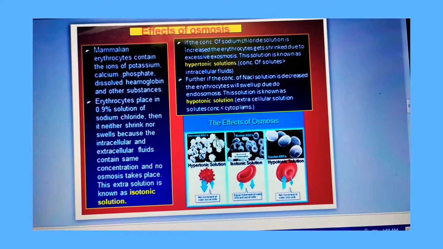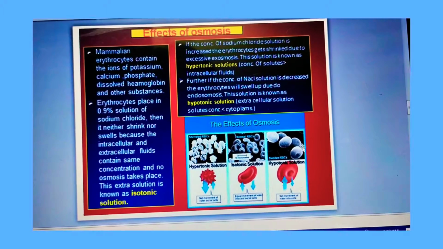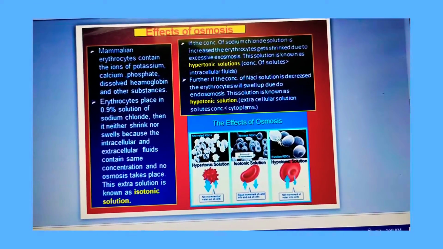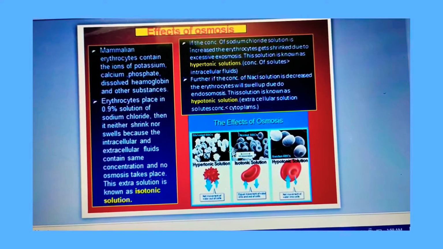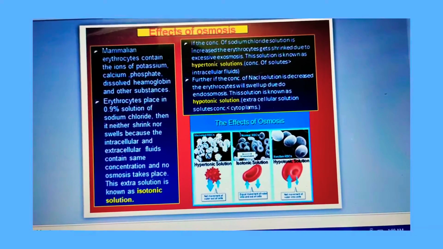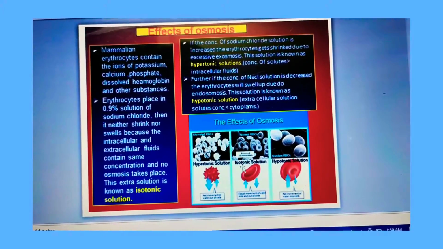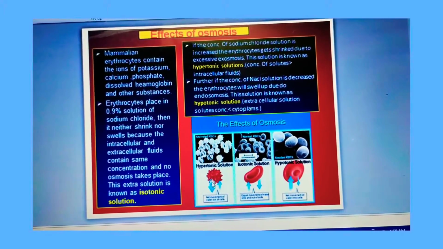We have seen the 3 different effects of osmosis during the plasma membrane transporting process. Osmosis is nothing but the movement of molecules from higher concentration to lower concentration. Hypertonic: what happened inside the cell organelle?